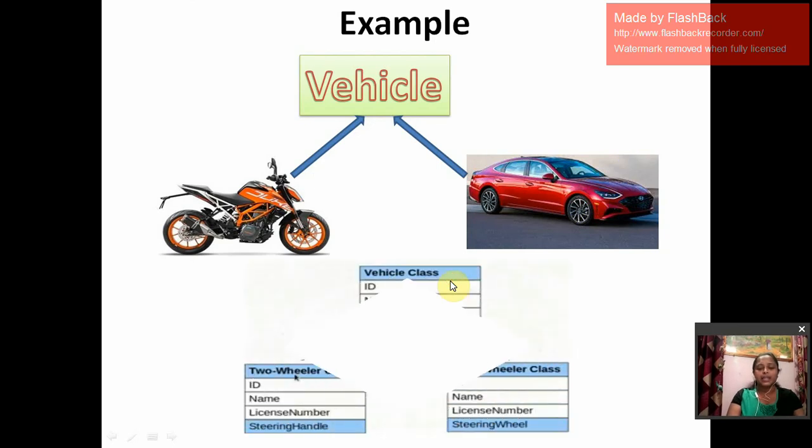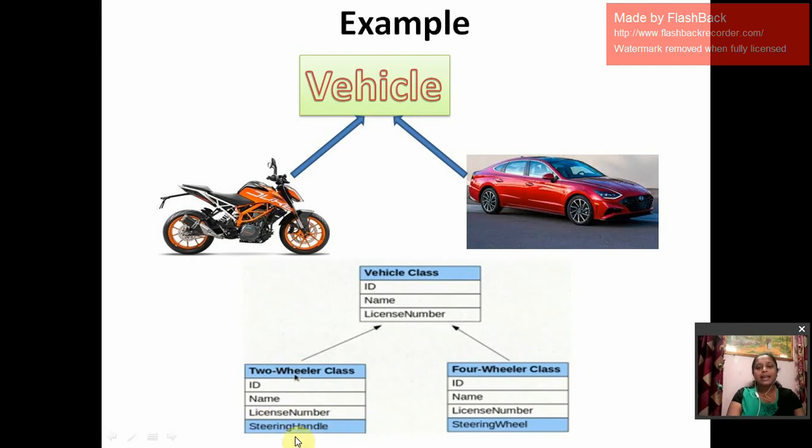Here we will see the class structure. The Vehicle class has an ID, name and a license number. All vehicles have a license number. Now two-wheeler, that means the bike. I am considering bike. A two-wheeler can be anything, a scooty also, a cycle also, but in a cycle we don't have a license number. So a two-wheeler has ID, name, license number, all the properties of the Vehicle class, along with the new property steering handle.